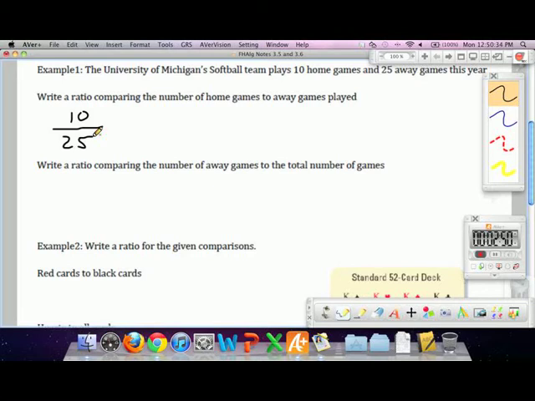But we want to reduce this if at all possible, so our final answer will be the reduced ratio. How is 10 over 25 reduced? 5 goes into each of those, twice into the 10 and 5 times into the 25. The ratio of home to away games is 2 to 5.